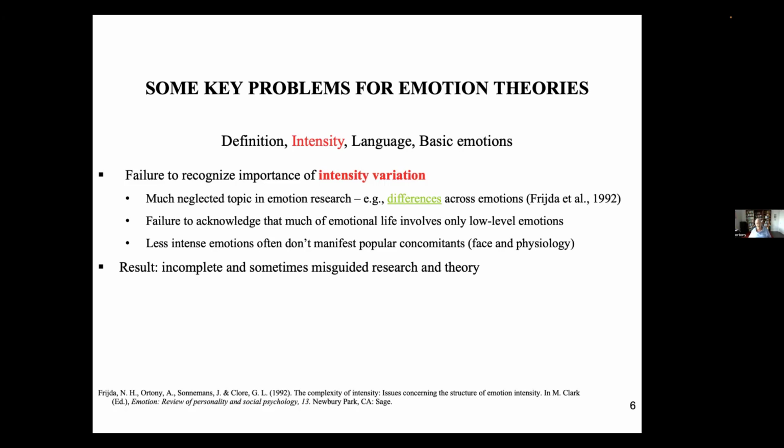But one isn't going to have some huge reaction that everybody on the planet can see and measure and be excited about. So I think this lack of serious attention to the question of emotion intensity means that theories of emotion are incomplete and sometimes misguided, and so is the research. And I think some evidence for this I'll mention when I come to discuss the basic emotions question.